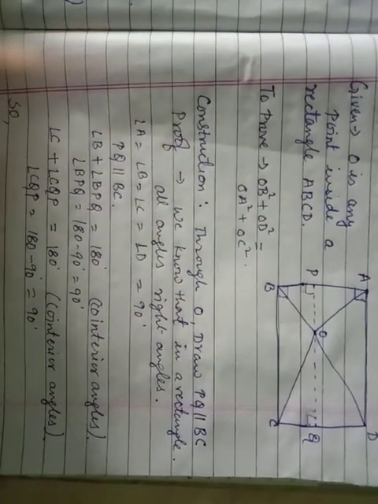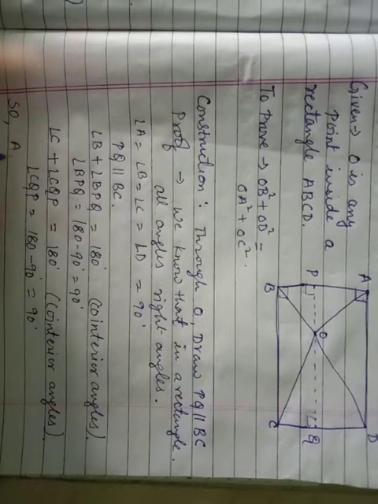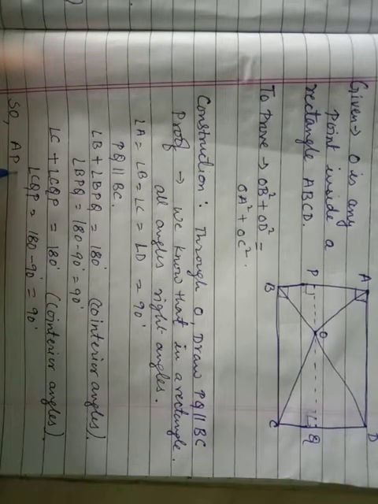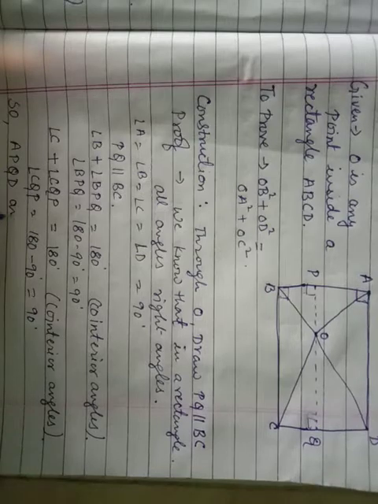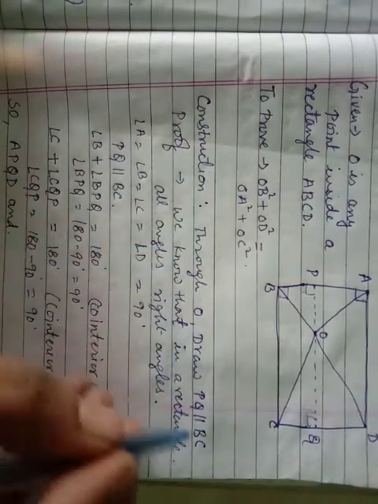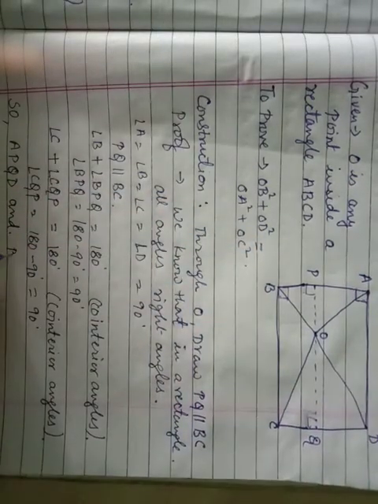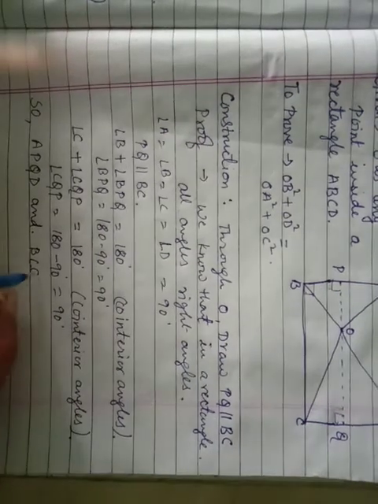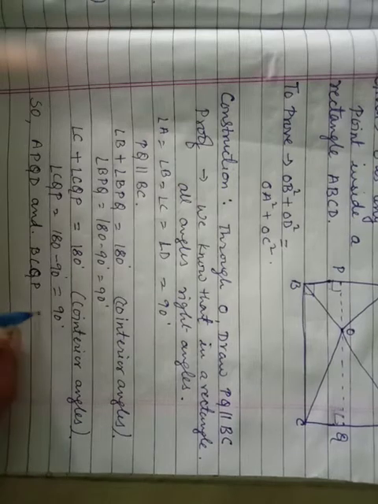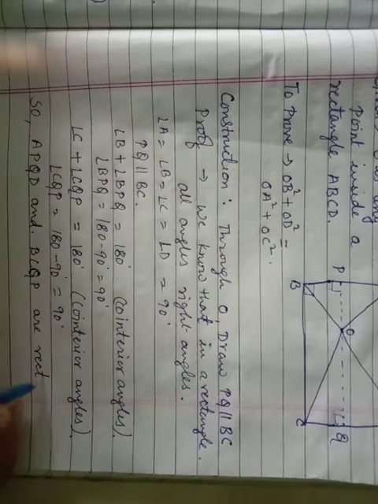So we can say that APQD and BCQP are rectangles.